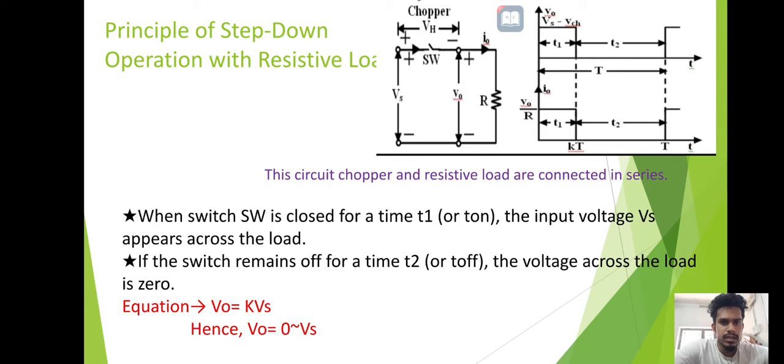The equation of the step down is V naught equals kVs. Hence, the range of V naught is 0 to Vs. We saw in the circuit that the chopper and resistive load are connected in series.